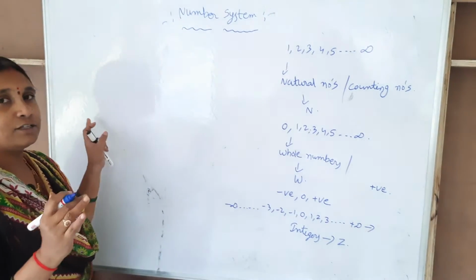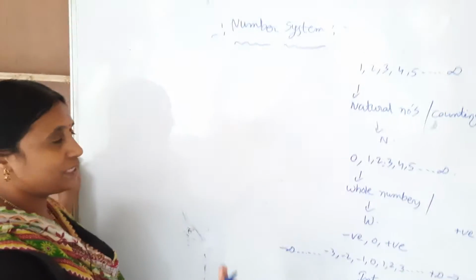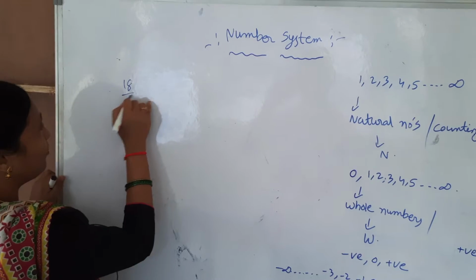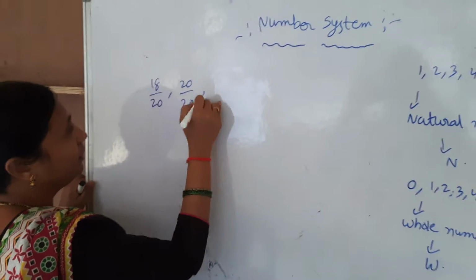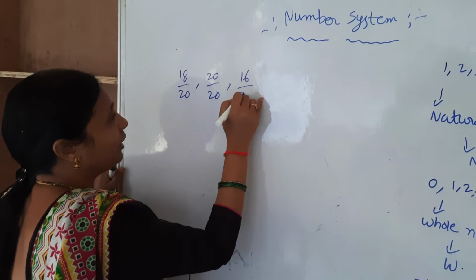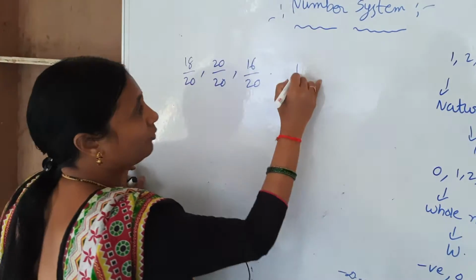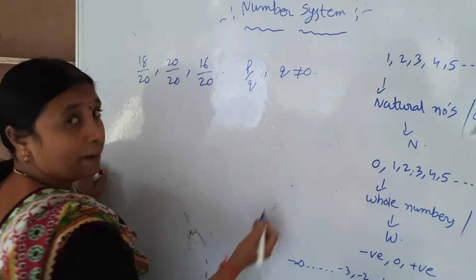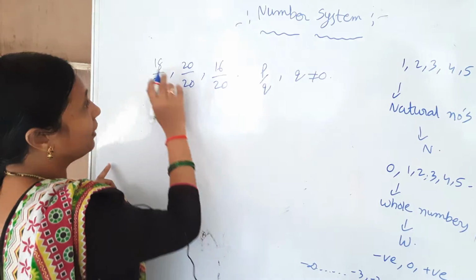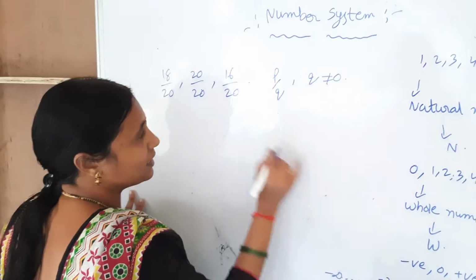Now consider asking one student how many marks he got in his subjects. He says 18 by 20 in physics, 20 by 20 in maths, 16 by 20 in English. These numbers are in the form of P by Q, where Q is not equal to 0. Here P and Q, like 18, 20, 16, belong to the integers.